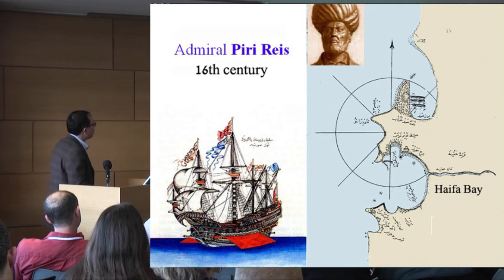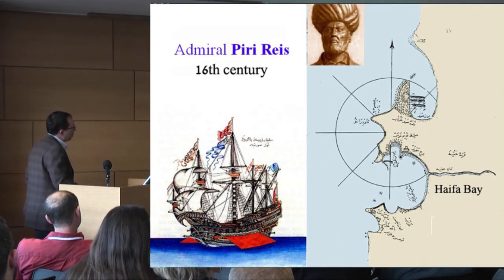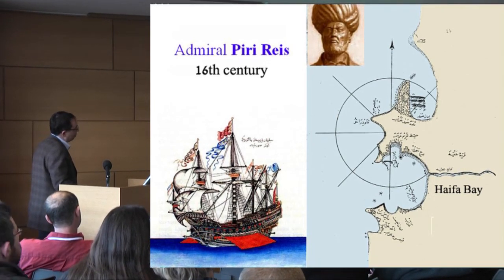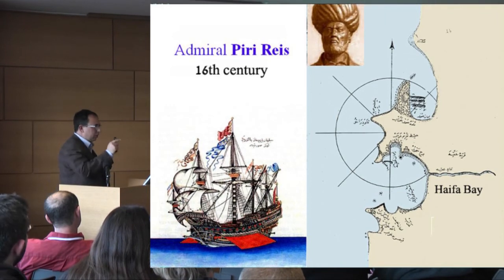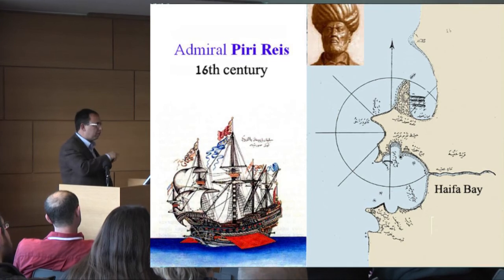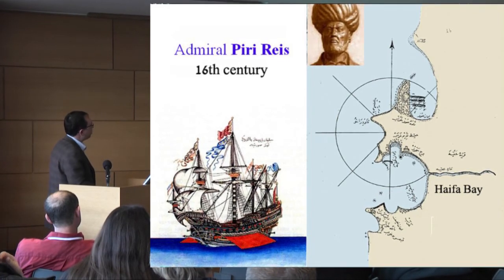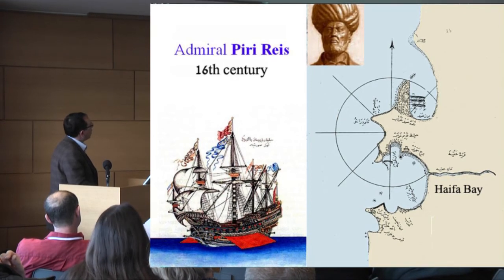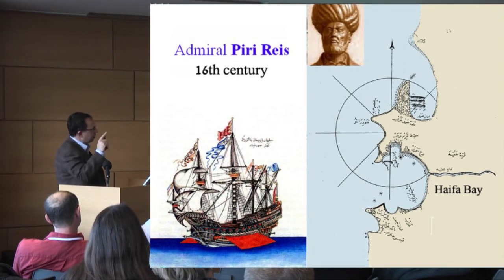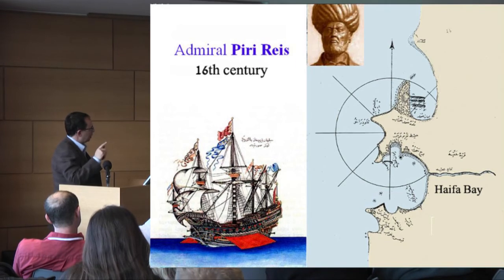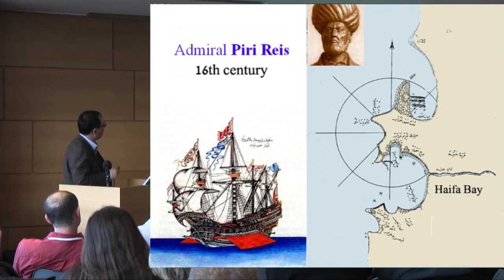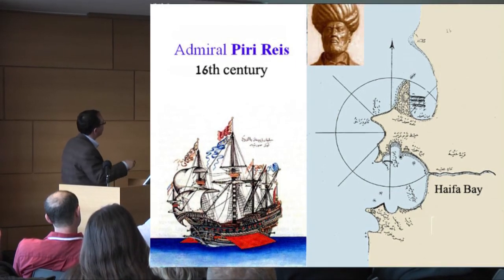After that, we have the map of, actually it's a chart. And I will explain immediately the difference between map and chart, because charts are for mariners, for navigators at sea, and maps are for topography and people on the land. And the focus of these two methodologies is much different.